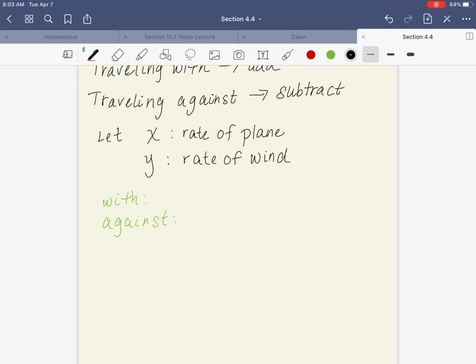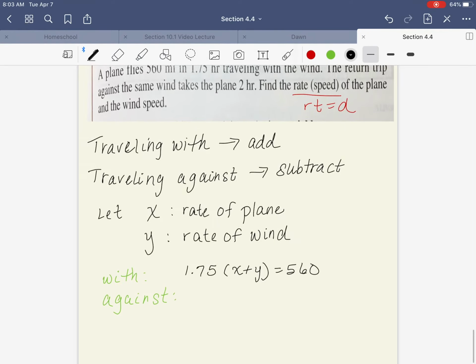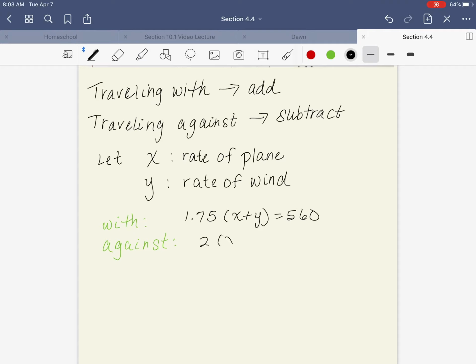So if we're going with the wind, we add. So using the distance formula, rate times time equals distance. That would be 1.75 times (x plus y) equals 560. And then 2 hours, so 2 times (x minus y) equals 560.